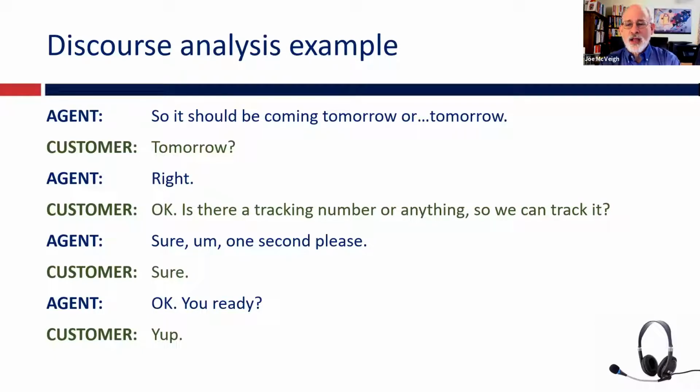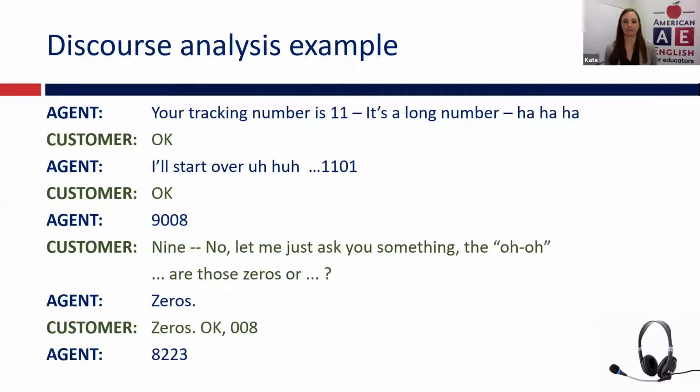I'll begin. So it should be coming tomorrow or tomorrow. Tomorrow? Right. Okay. Is there a tracking number or anything so we can track it? Sure. 1 second, please. Okay, sure. Okay, you ready? Yep. So your tracking number is 11.